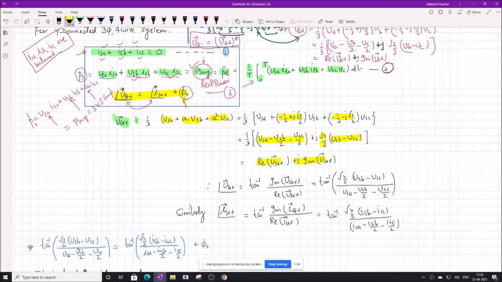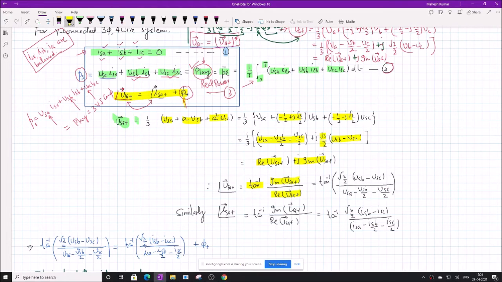1 by 3 is part of that. So what will be the angle of BSA plus? The angle of BSA plus will be tan inverse of the imaginary part of BSA1 plus divided by the real part of BSA1 plus.